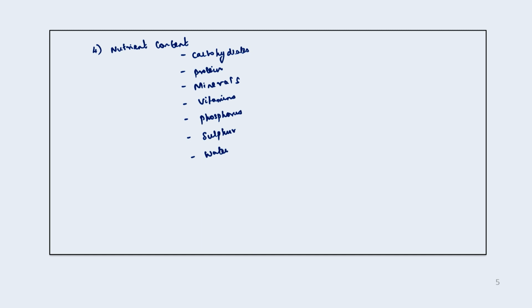All these are required for the metabolic functions, to carry out the metabolic functions. Especially food products such as milk, meat, eggs, etc. All these food products contain a lot of nutrients.